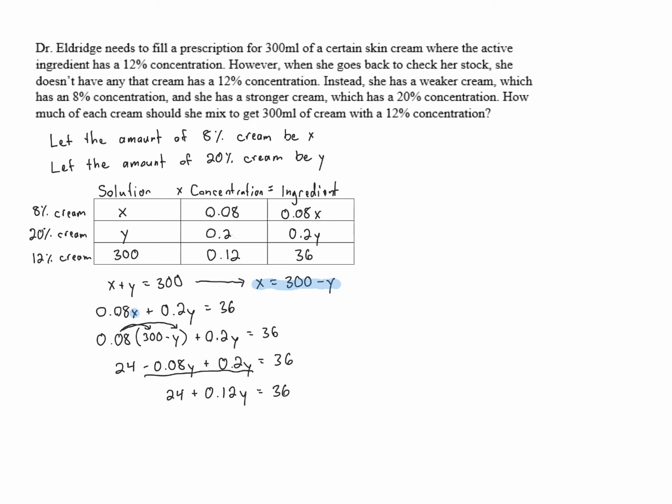Now if we subtract 24 from both sides, that gives us 0.12y equals 12. And if we divide both sides by 0.12, that gives us y equals 100. Now, we've just learned that y equals 100. What does that tell us about the original problem?